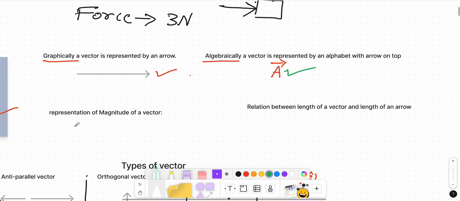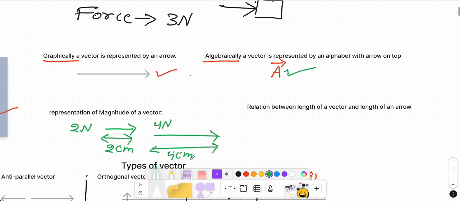Let's say I have a vector of 2 Newton, then I will draw like this. Let's say this is 2 centimeter of length. I have another vector having the same direction but 4 Newton, then I will draw an arrow of length 4 centimeter.